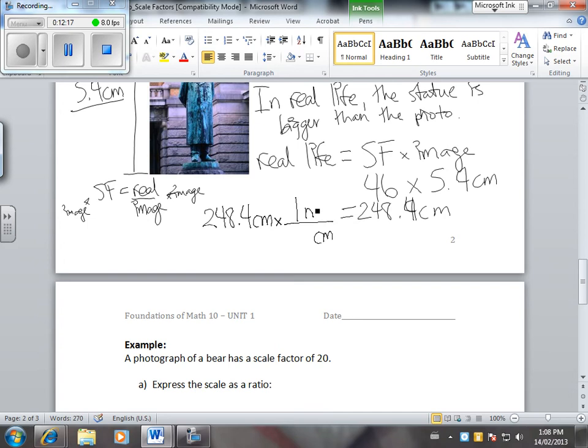We want 1 meter because we want to find how many per meter. And remember, there are 100 centimeters per meter. So we'll end up getting 2.484 meters. So in real life, the statue is 2.484 meters.